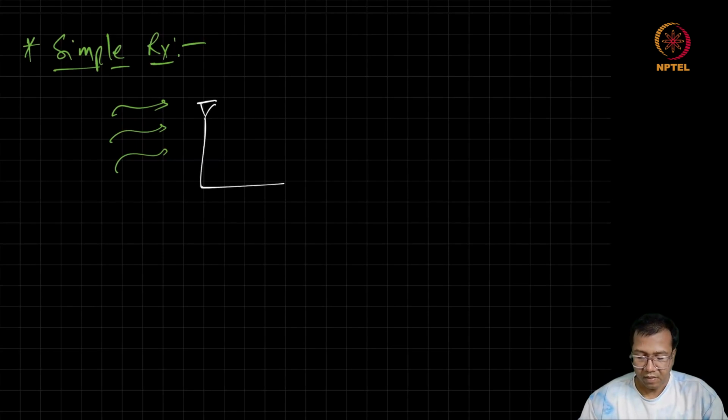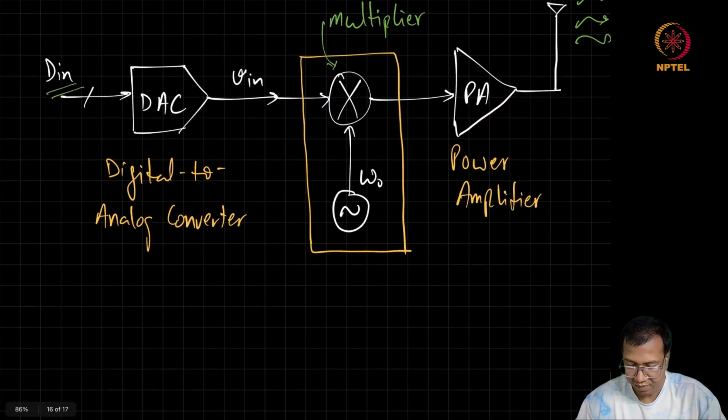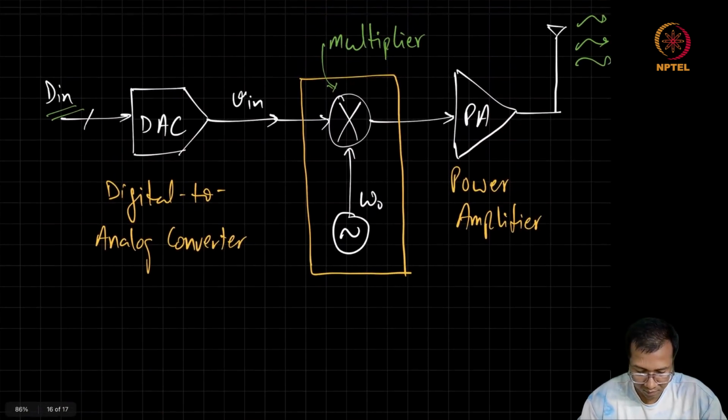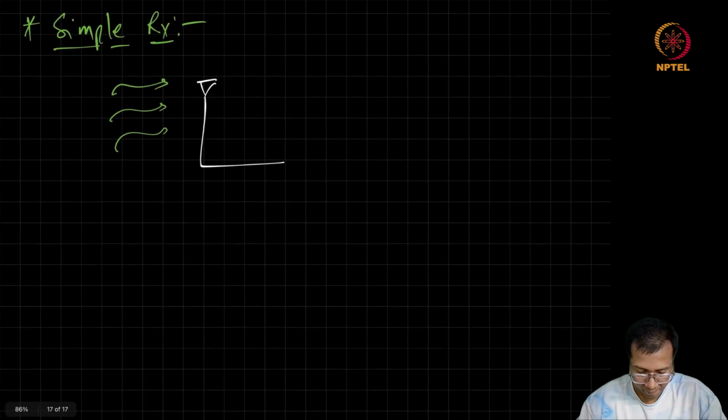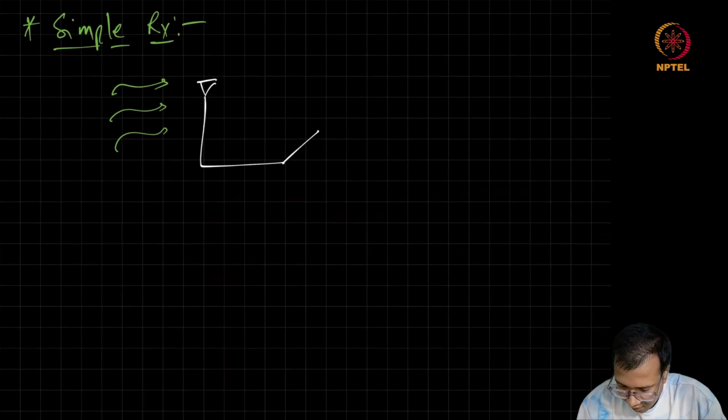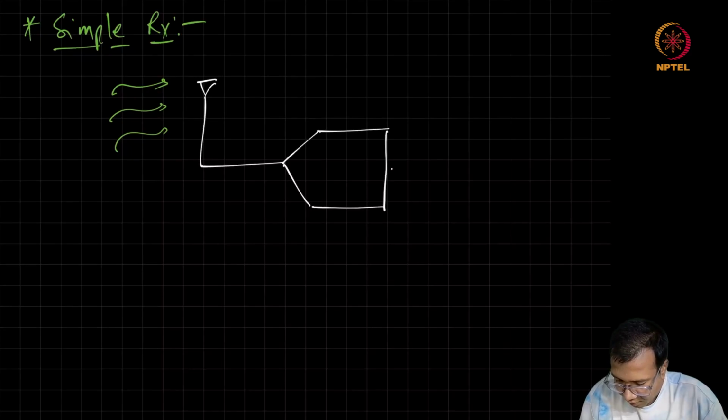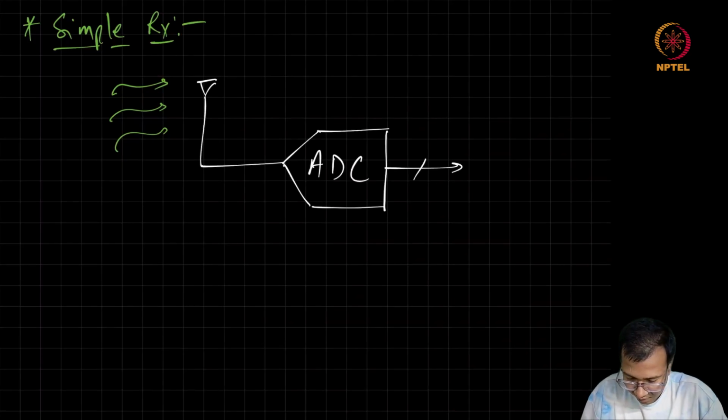And since all the signals are going to be in the digital domain for processing, even when we are receiving a signal at the receive node, the signal needs to be digitized. This digitization can be done with the help of another mixed signal block, called an ADC, or analog to digital converter.